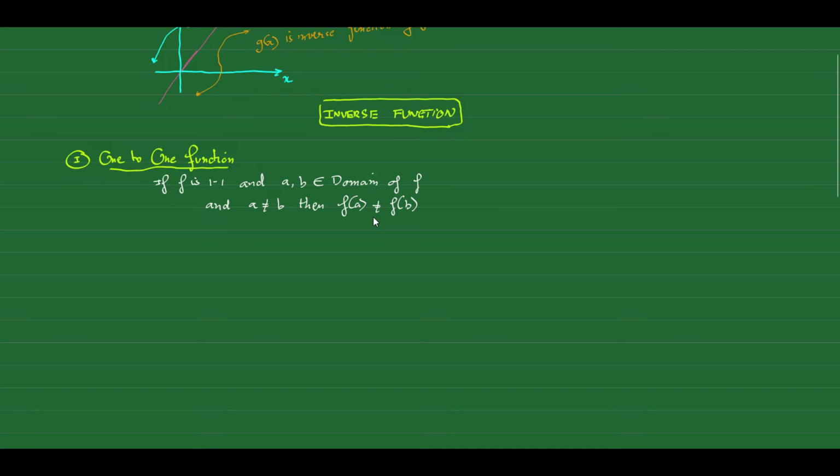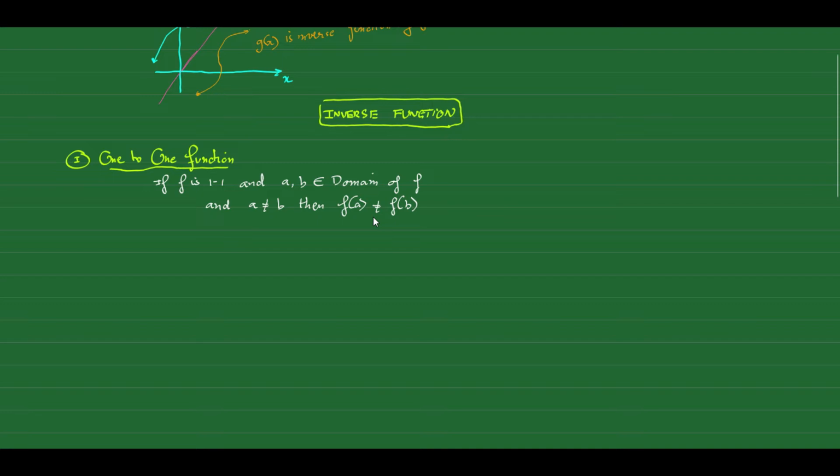As we know, for a relation to be a function, each input is assigned a unique output. One input is assigned one unique output. If you have two different inputs that are assigned the same output, it's still called a function, but that is not a one-to-one function.